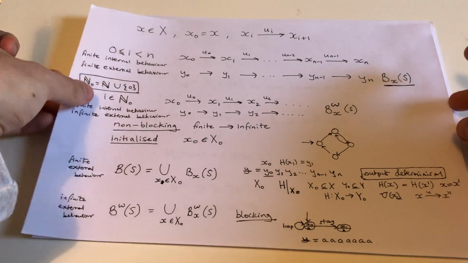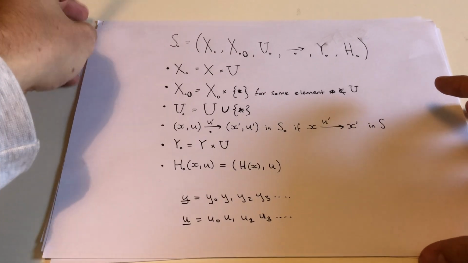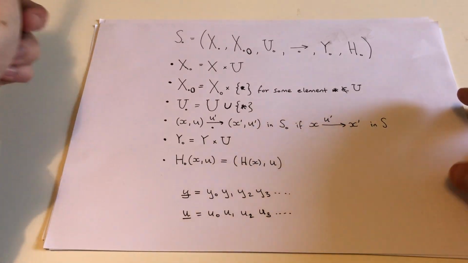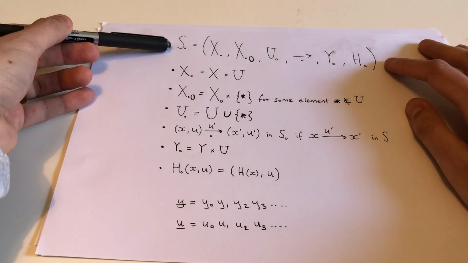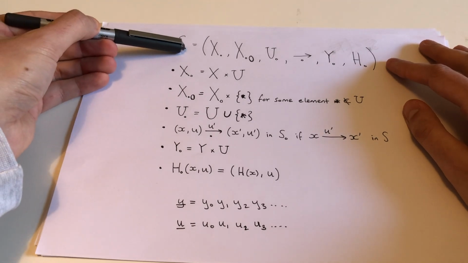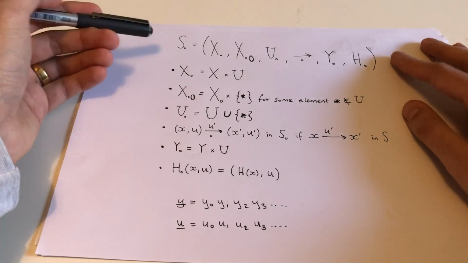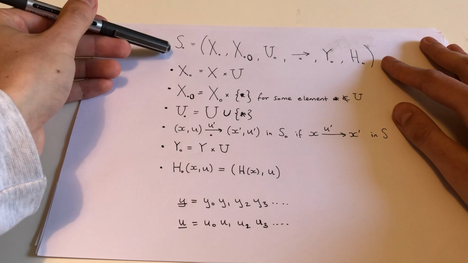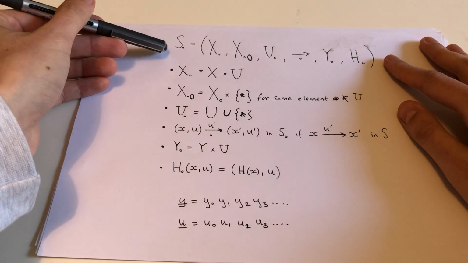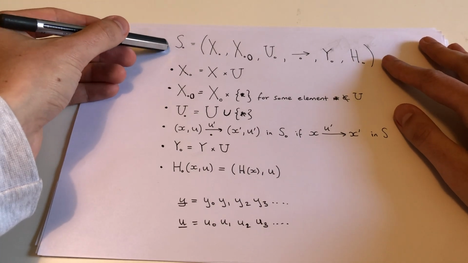So one thing we can do, which helps with this, is define a new description of the system. As you can see here, this system description is very similar to what we had before, but we're just adding this small circle notation at the bottom. What we want to do is include the inputs being used at each point inside our system, so that we can also consider them to be externally visible.